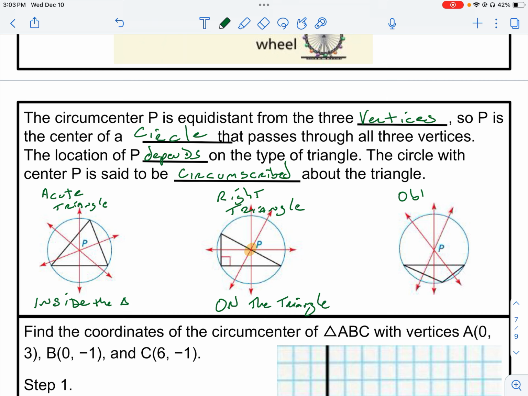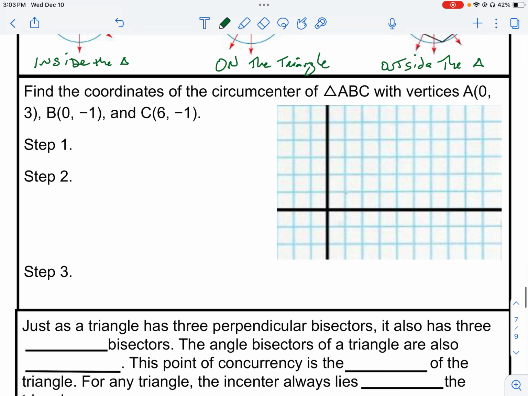And the last one we have an obtuse triangle, and it is outside the triangle. So what we do is we put our compass on point P, we set it to the length of one of the vertices, we draw our circle, and we get what we see here. And it moves around depending on the type of triangle that we're dealing with.